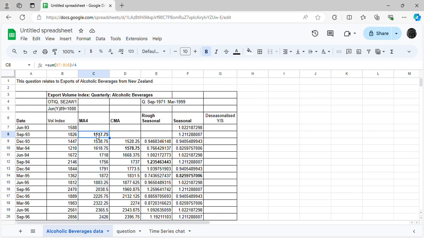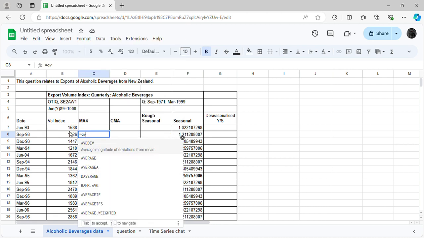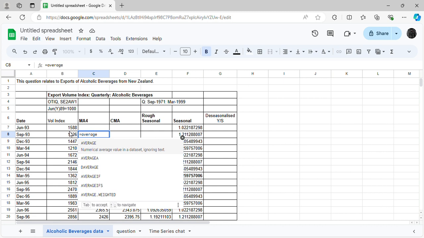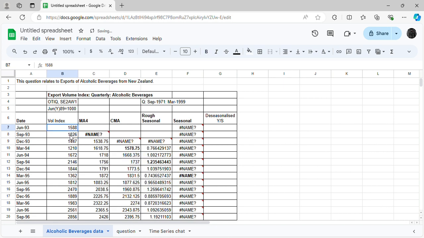And that equals the average of four quarters, that is including one quarter from the previous and the current quarter and 3 other quarters.